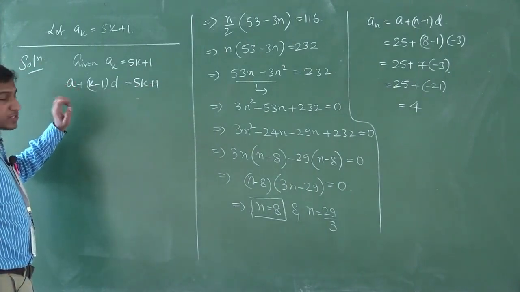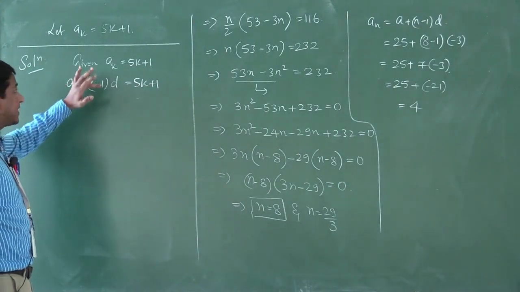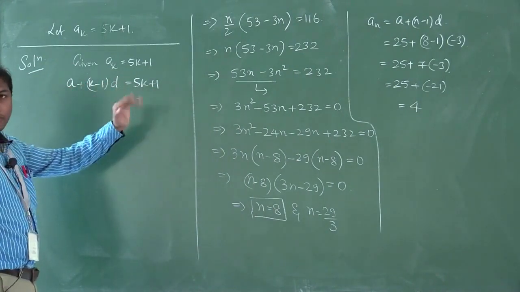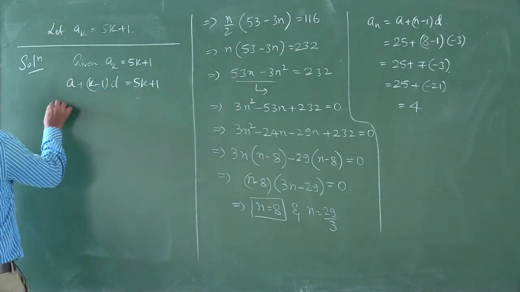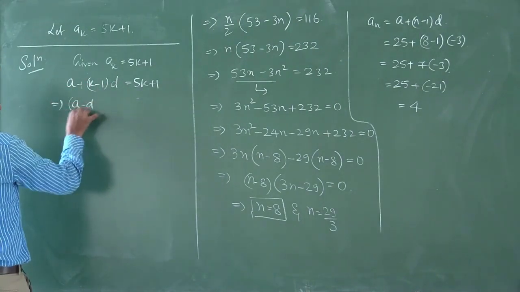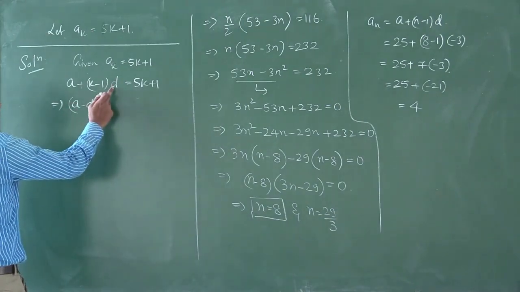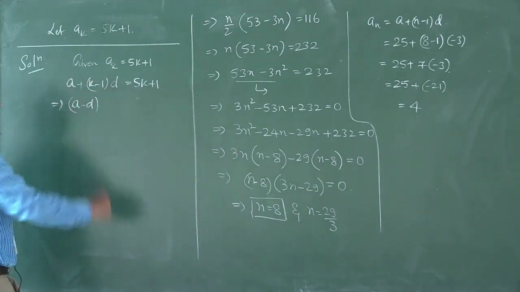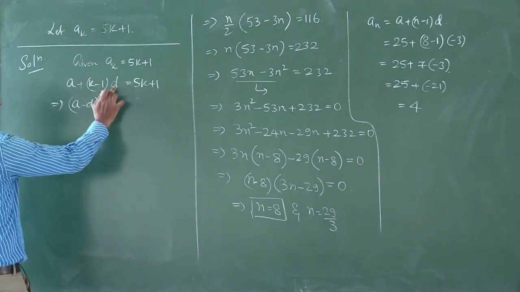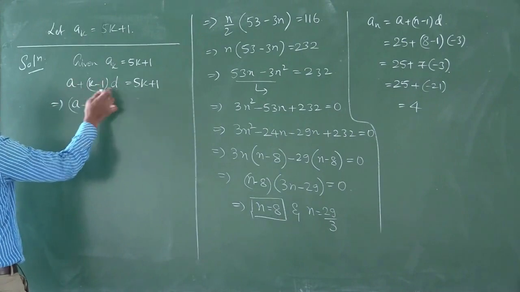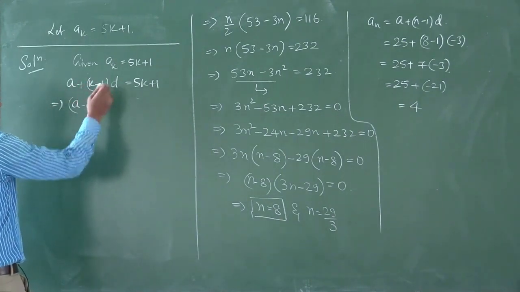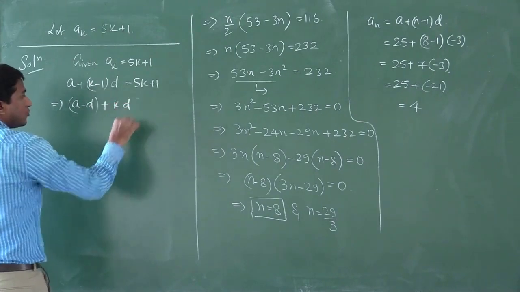So if a is the first term, d is the common difference, ak is a plus (k minus 1) into d. Now I can write this as a minus d, multiplying d to this binomial, d into k minus d. So a minus d, together with the other term, plus k into d.